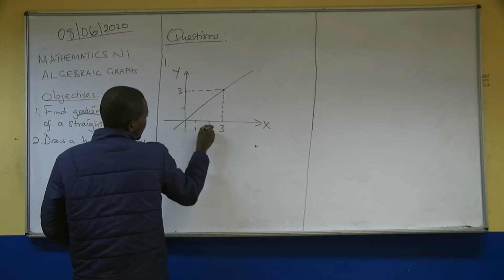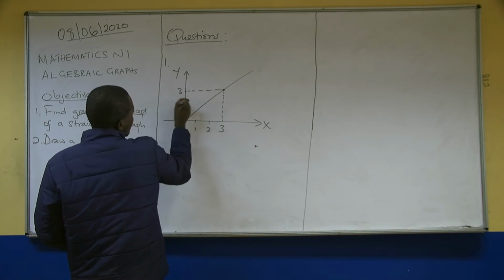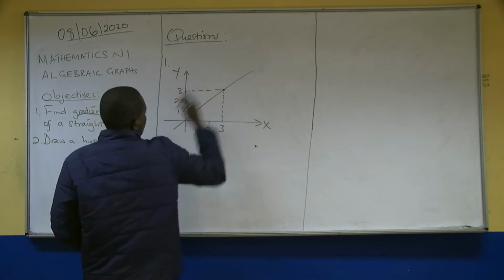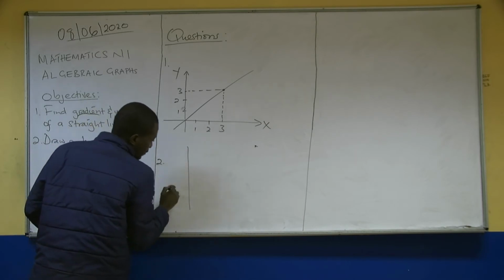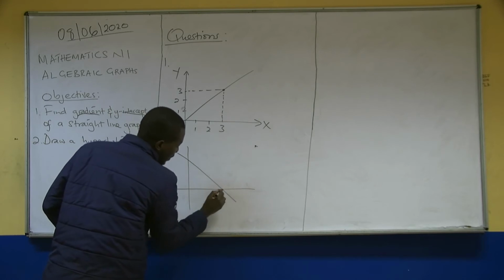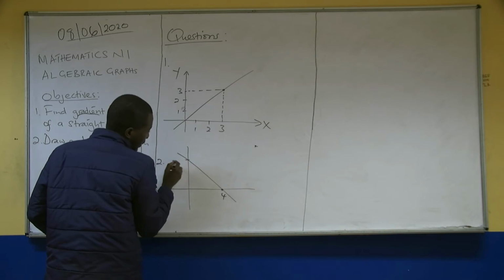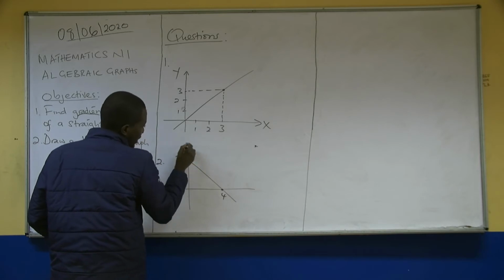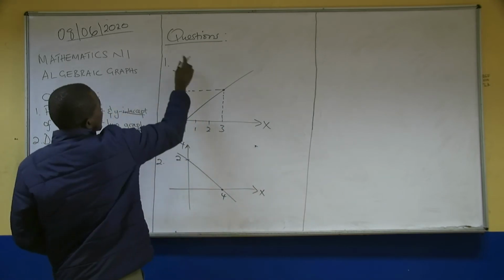Then you can have a 1 there, a 2, at that point, a 1 and a 2. Then we also need another graph in this form. The line is going down like that. We have got 4 there, then we have got 2 there. This is y-axis, this is x-axis.